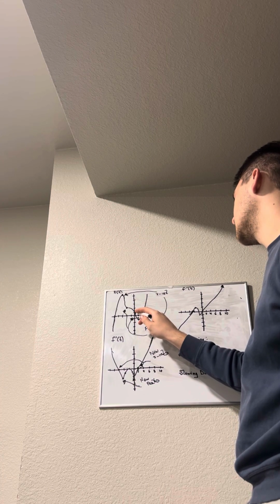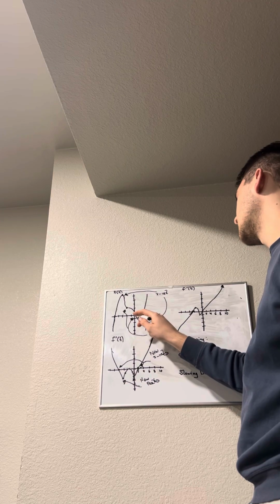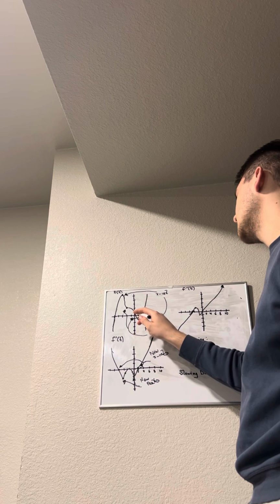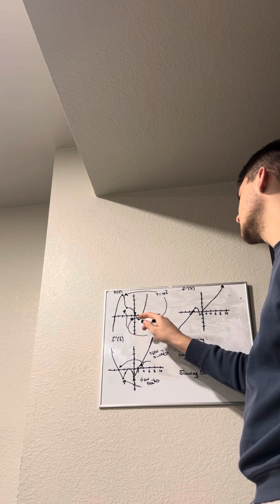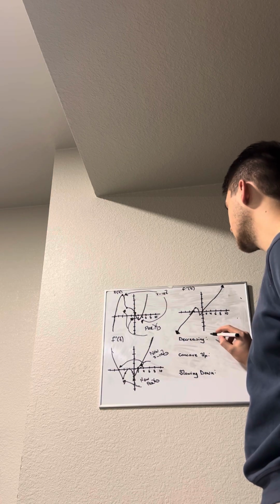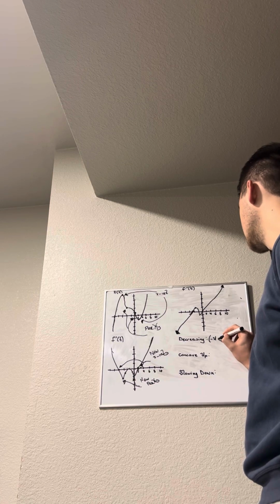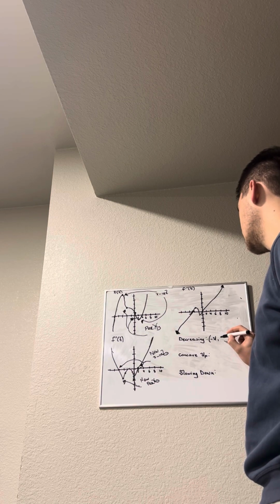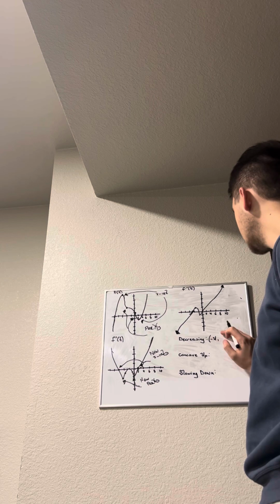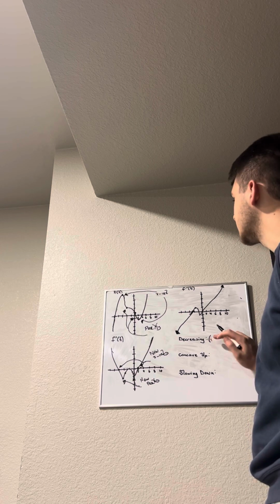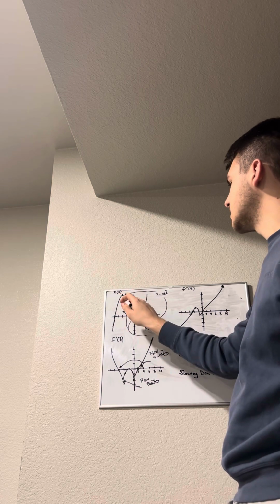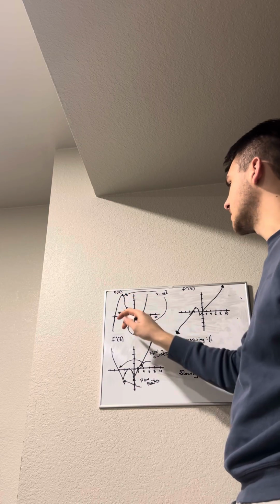So as we can see, there is a decrease from -4 to 0, and then from 0 to 2, there's also another decrease. So the decrease can be characterized by from -4 to 0, no, not -4, because that is not correct, because the decrease starts right here.